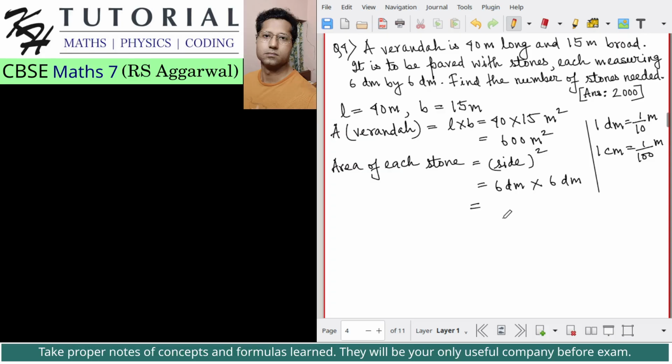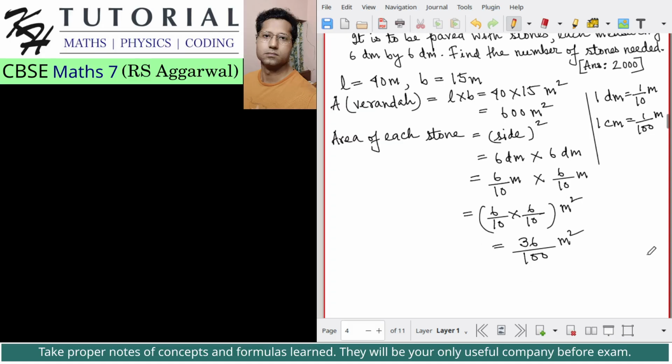Now I can convert 6 dm as meter. Since 1 dm is 1 by 10 meter, this will be 6 by 10 meter multiplied by 6 by 10 meter, which is 36 by 100 meter square. Okay, so area of each stone is 36 by 100 meter square.